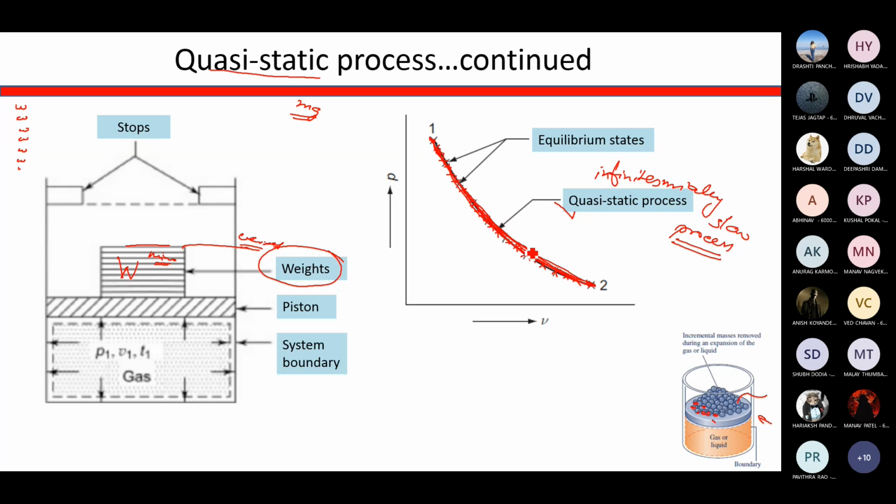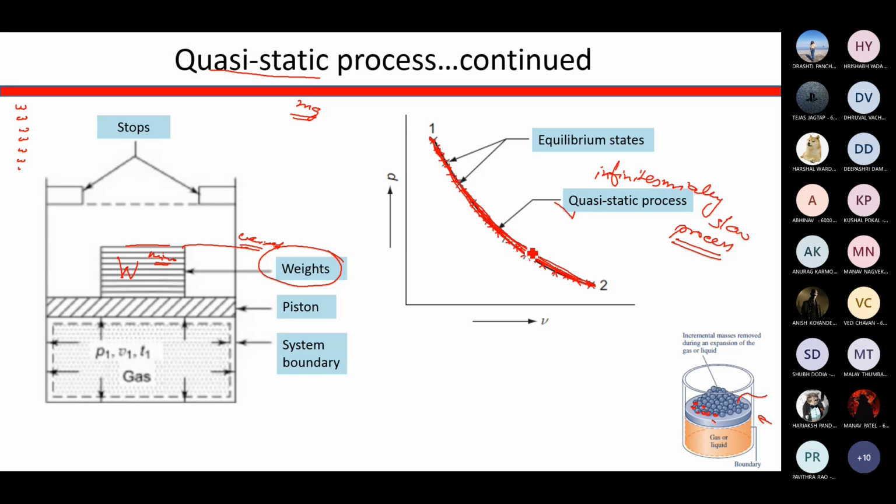Can you imagine how much time will be required to fill the air in that tube? Maybe 6 months, almost 1 year. A very long time will be required, at least 1 year, and then each and every in-between state can be thought of as an equilibrium state, right?